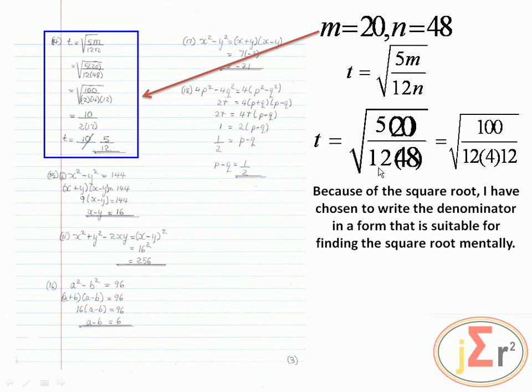We are rewriting the 12 right there, and the 48 we write as 4 times 12.